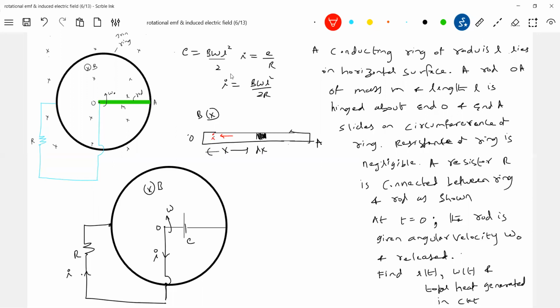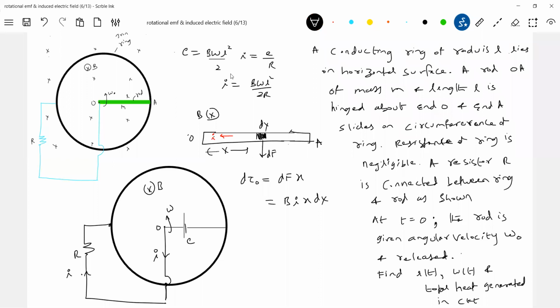Tell me, for this element, how will the force be on the B bar I? So the force will be in this direction. Will it set up any torque about O? Yes, a retarding torque. d tau should be equal to dF into x. And what is dF? B I dx.